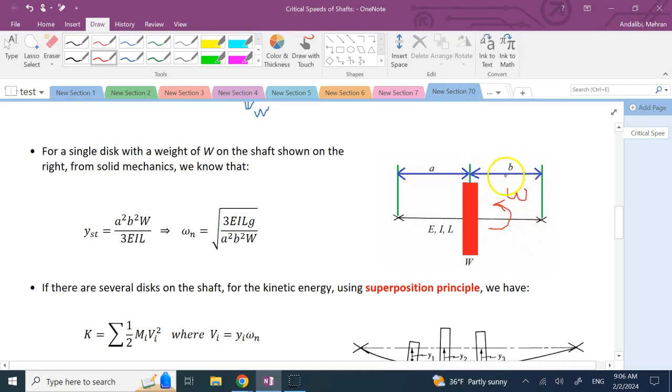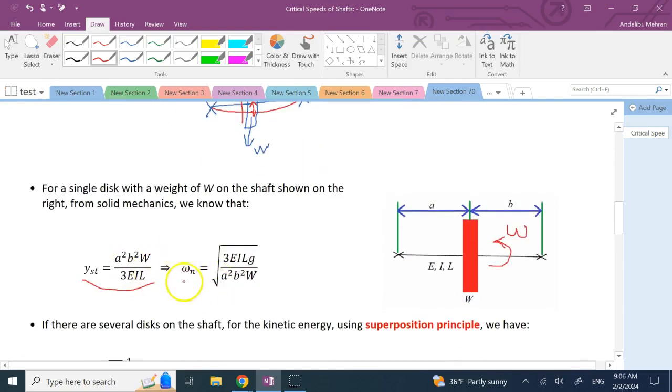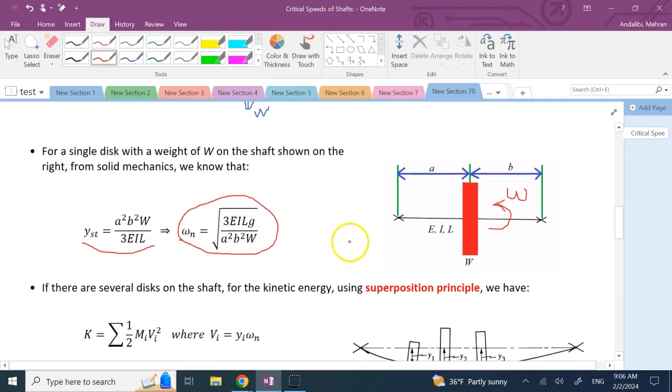We want to know what is the critical value for this omega. Okay. So from solid mechanics, we can calculate the y static for this configuration of simply supported beam with A and B not being equal. It is going to be A squared B squared W over 3EIL. And from this formula, that square root of g over y static is omega n, we plug that in and we get our beautiful omega n here.